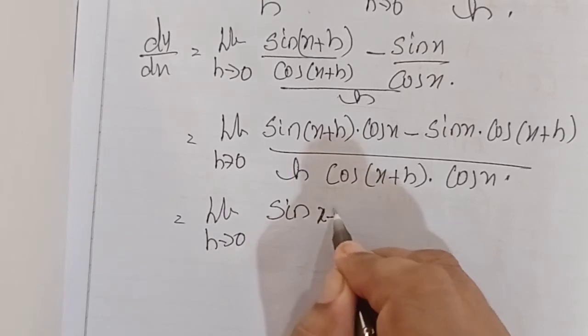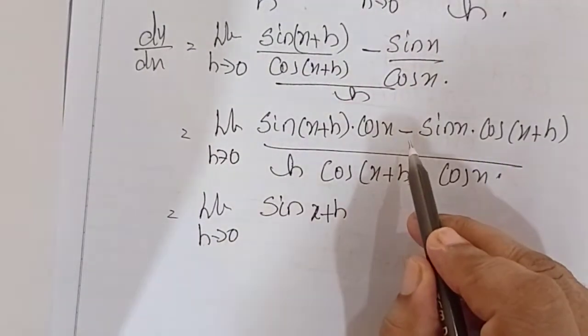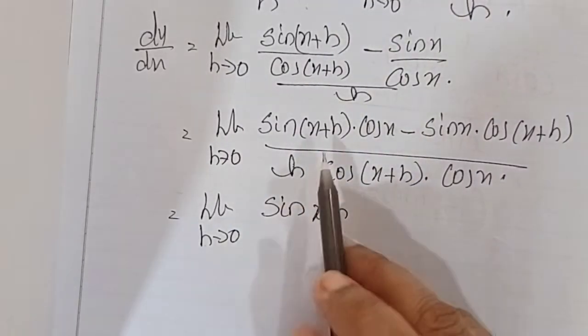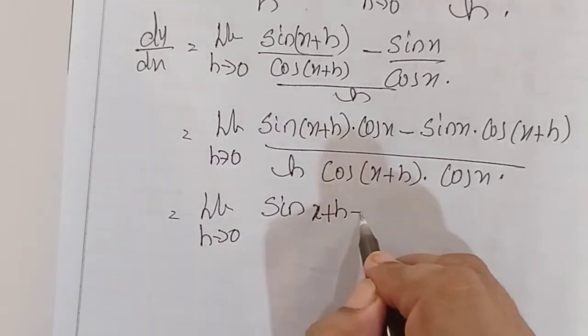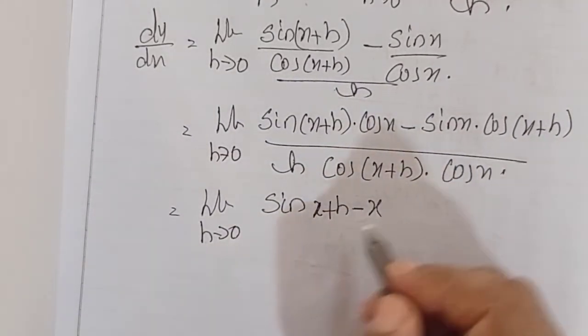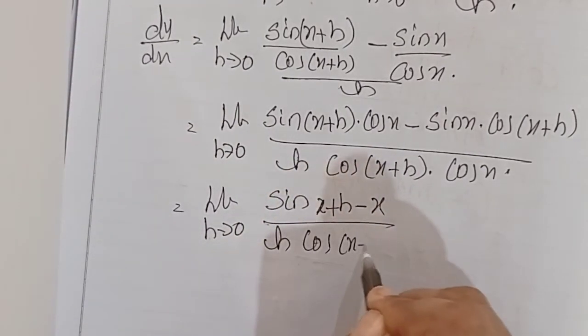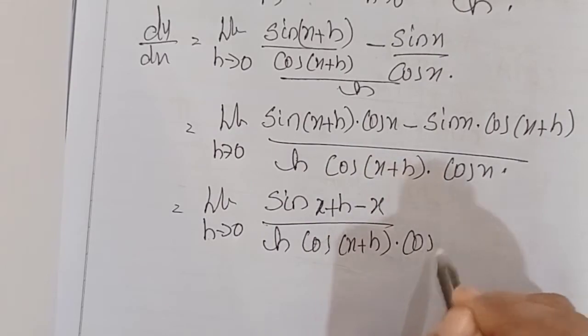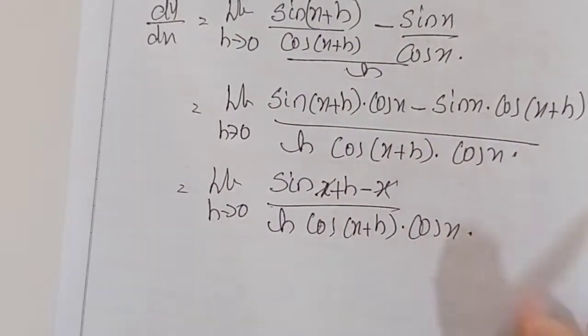Here the middle sign is minus. Therefore, sin A cos B minus cos A sin B is sin (A minus B). Sin (x plus h minus x) by h into cos (x plus h) into cos x. Understand? Then x and x cancel.